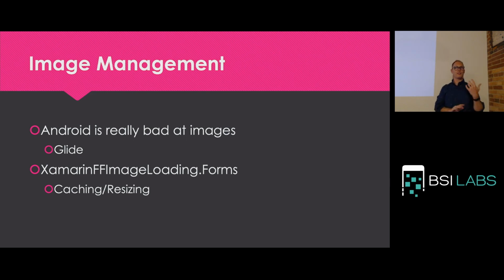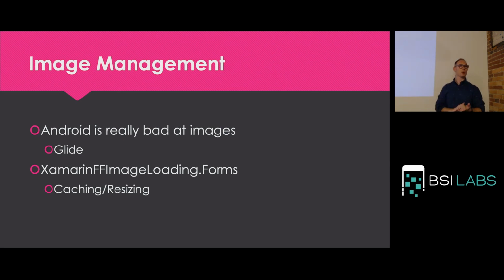So FFImageLoading is a great library that handles resizing in an optimized manner. It handles streaming and caching in an optimized manner. So it makes it really easy to manage those, and you can load it right from a URL. There's all kinds of great stuff it does for you.